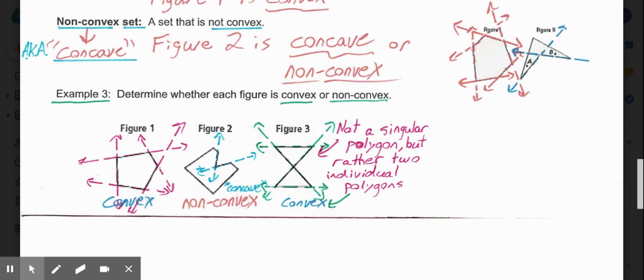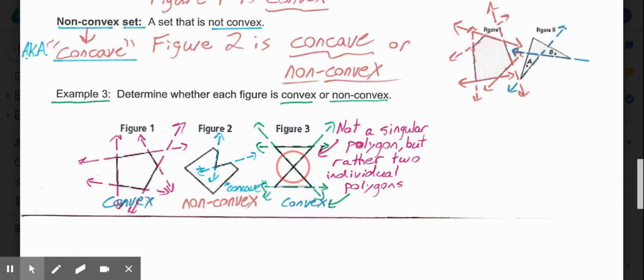And then in figure 3, first what we need to realize is figure 3 is not a single polygon, but rather two individual polygons, a triangle on a triangle. So this point of intersection, well, points technically don't have any space.